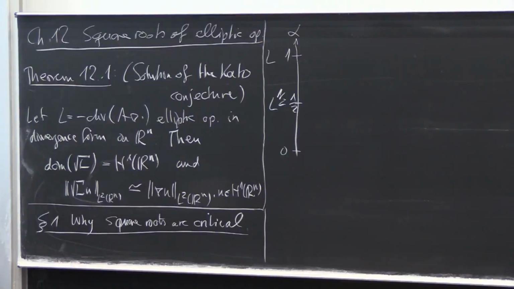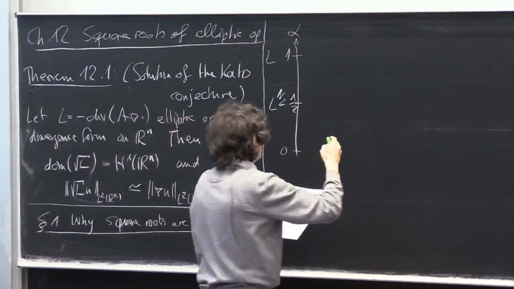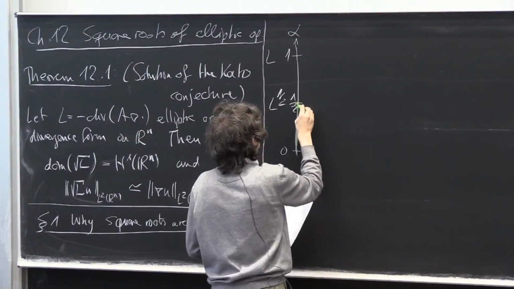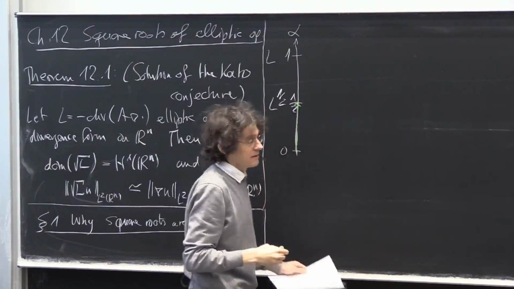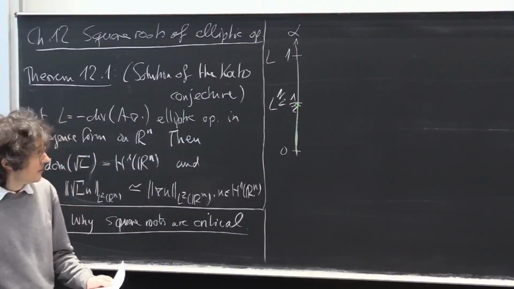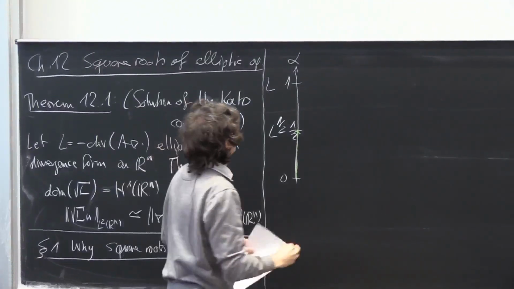And what have we seen so far? We've seen in chapter 8 that from 0 to 1/2 everything is nice. Or let's start with the bad result that we had for the full operator.